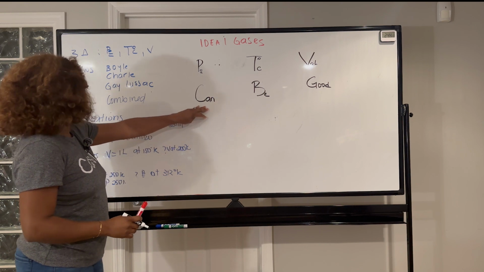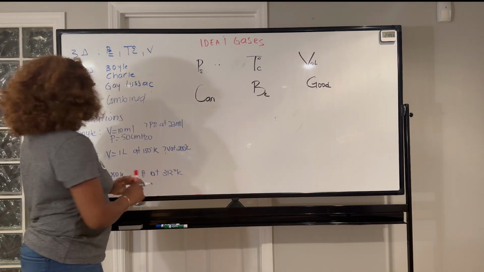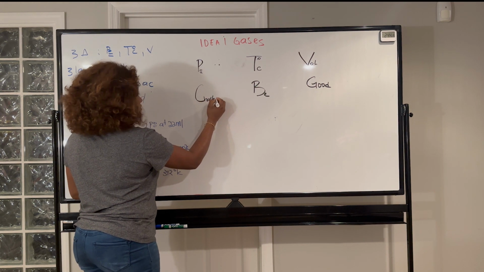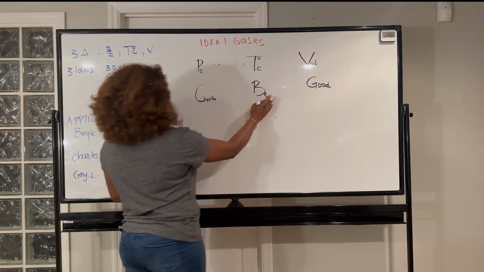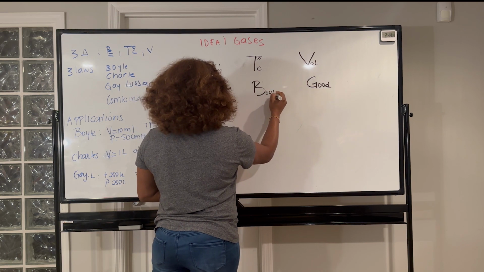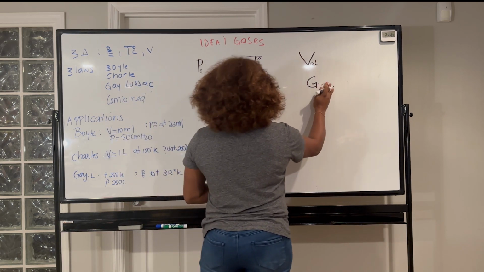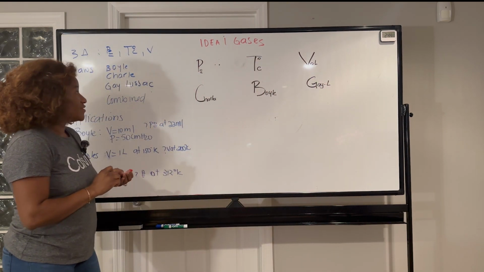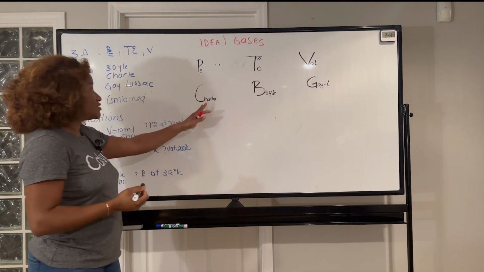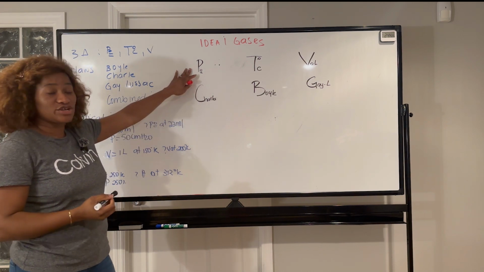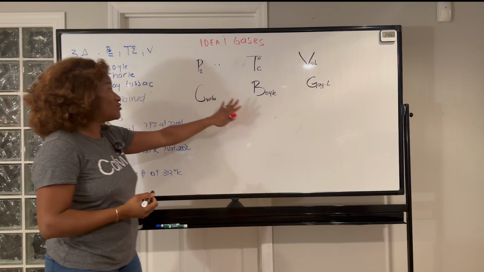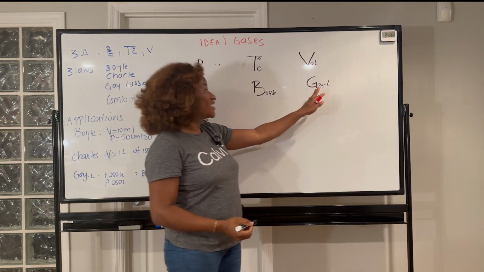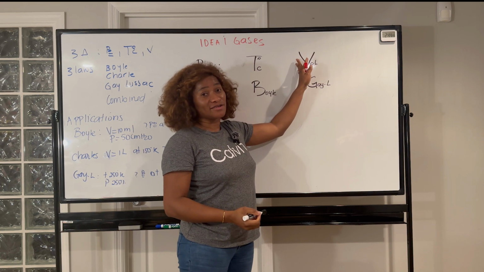And down here, I have my different gases: this is going to be Charles' law, this is going to be Boyle, and this is going to be Gay-Lussac. I'm just going to put Gay. So PAID TV can be good. In Charles' law, my pressure is going to be constant. In Boyle's law, my temperature is going to be constant. And in Gay-Lussac's law, my volume is going to be constant.